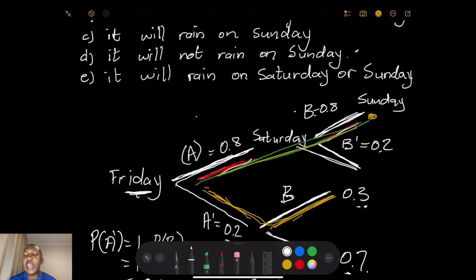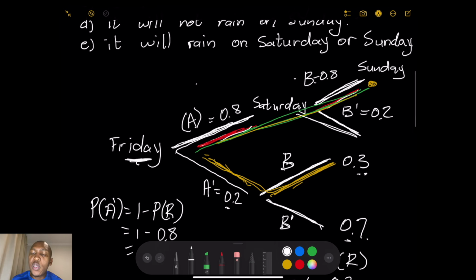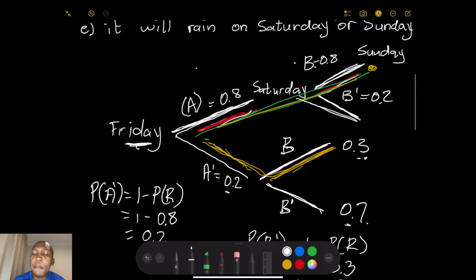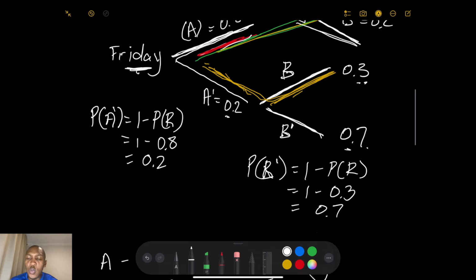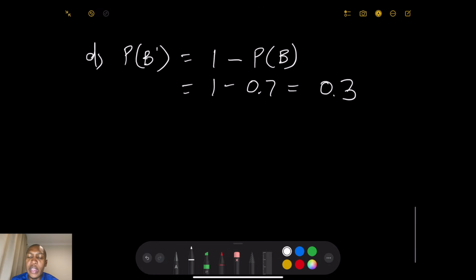Now, in this case, we're saying if it rains on Saturday, or it would rain on Sunday, right? Either way. So I want you to think about it in this case. So the possibility that it might rain, now remember there's a difference between Saturday and Sunday, and there's a difference between Saturday or Sunday.